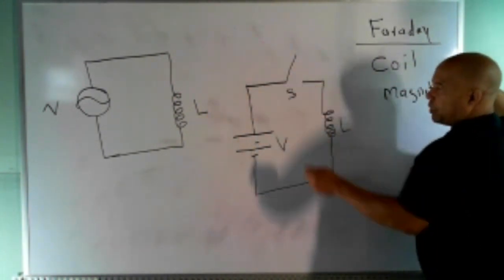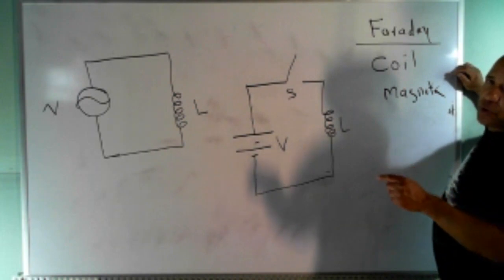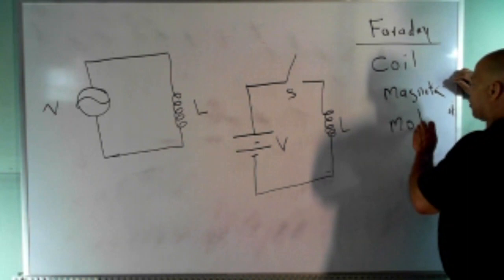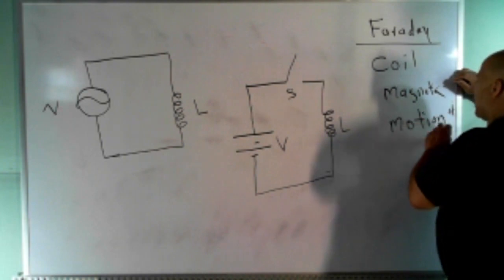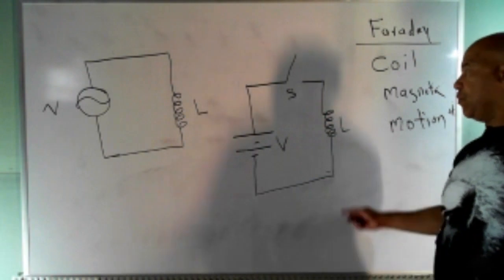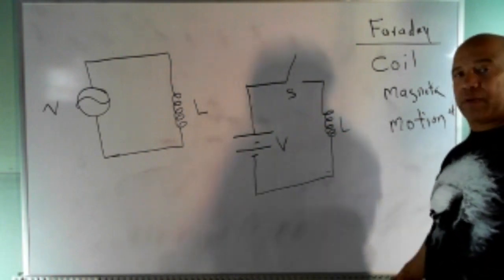Well, when I close this switch, current will flow. If you remember, current always produces a magnetic field. But the third thing I have to have is motion or movement: movement of the magnetic field and/or movement of the coil. And I'm not moving the coil here.